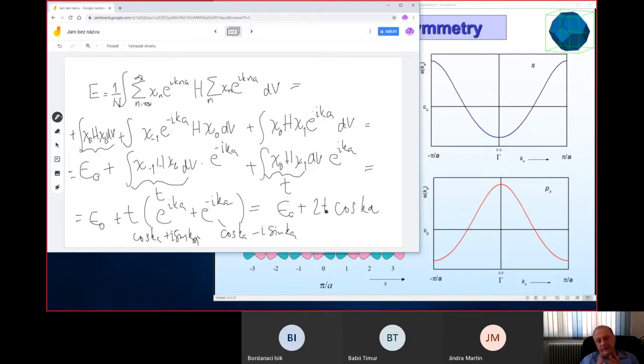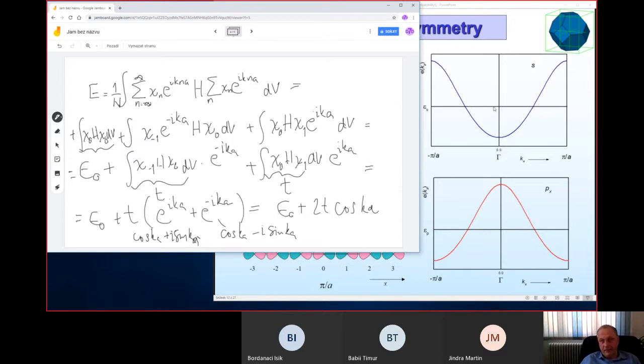usually if the interaction between the nearest neighbors is bonding, then t, this transfer integral, is negative. So we have E0 minus 2 times the absolute value of t, while for ka equal pi, it is cosine of pi, which is minus 1, and if it is multiplied by the negative number here, we obtain the plus sign.